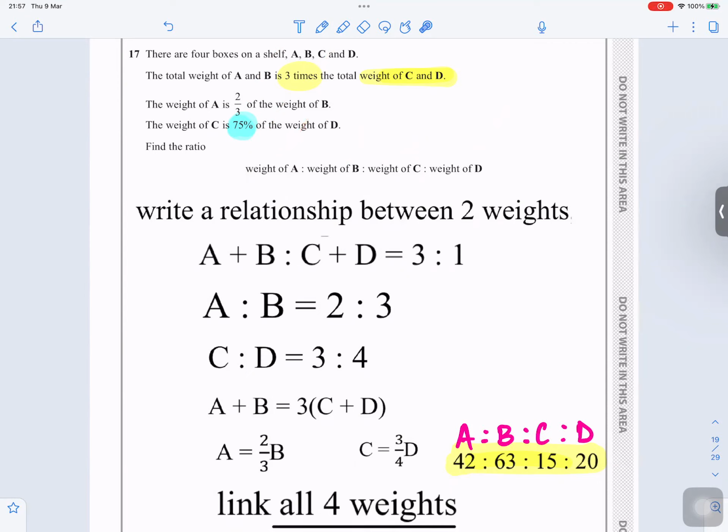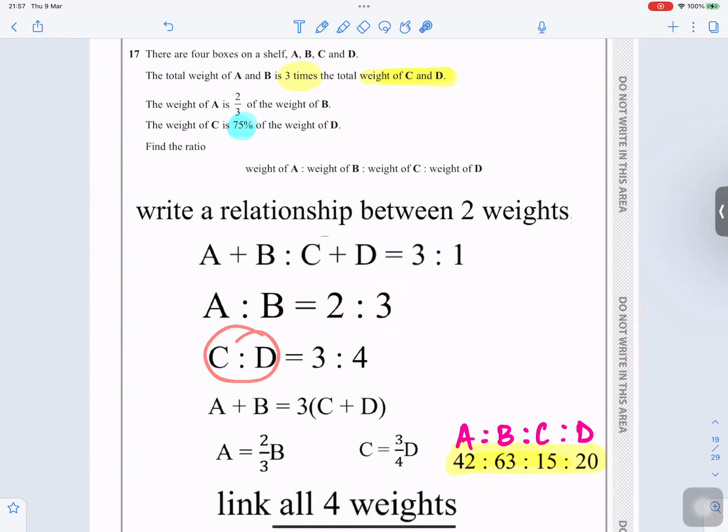So we want to write a relationship between the weights. A plus B is to C plus D. The ratio is 3:1 because it says 3 times. And A is to B is 2:3.